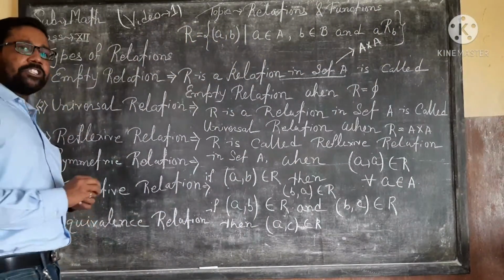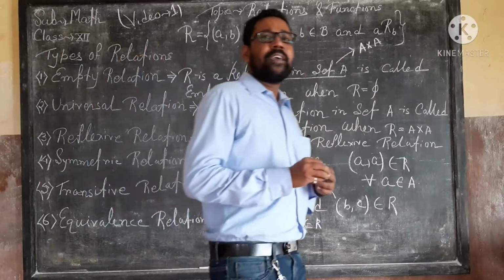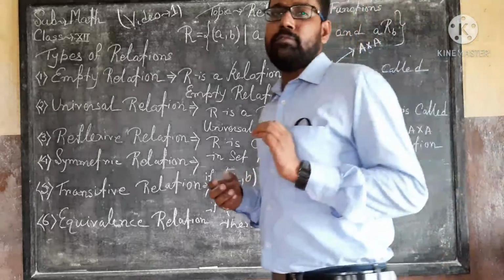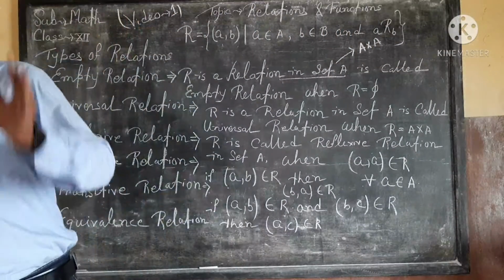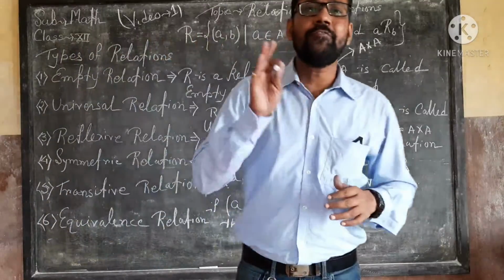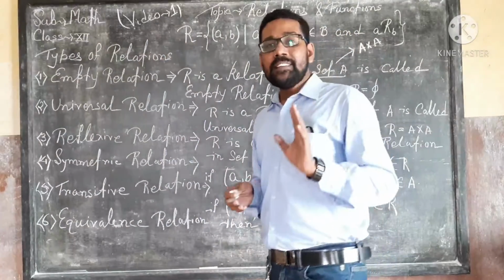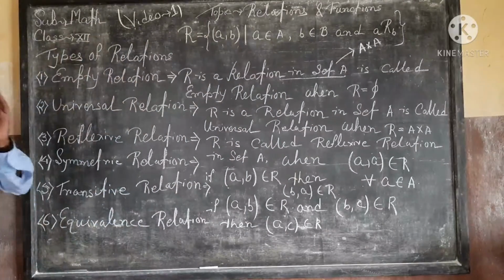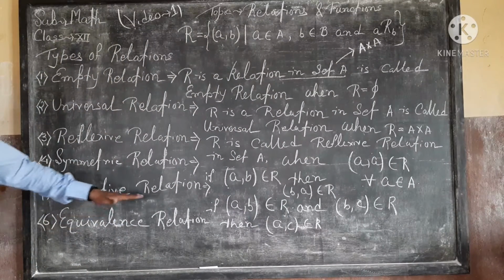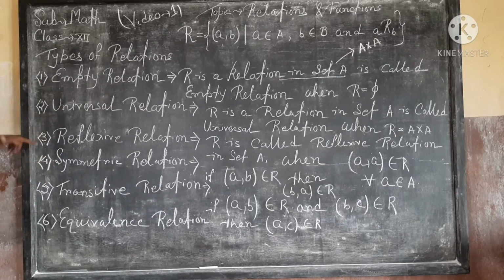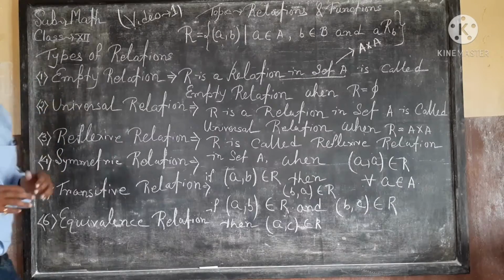So any relation that satisfies the conditions of reflexive relations as well as the conditions of symmetric relations and transitive relations, then this particular relation is called the equivalent relation. So equivalent relation means any relation which satisfies these three criteria.